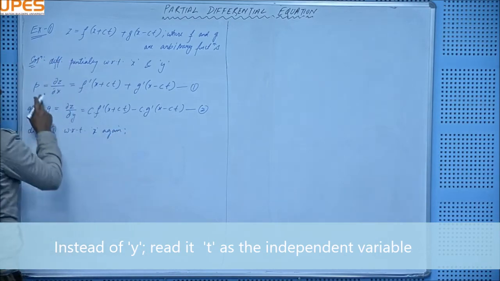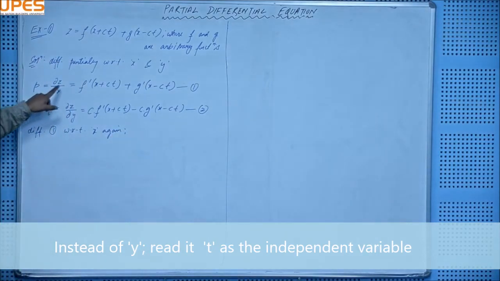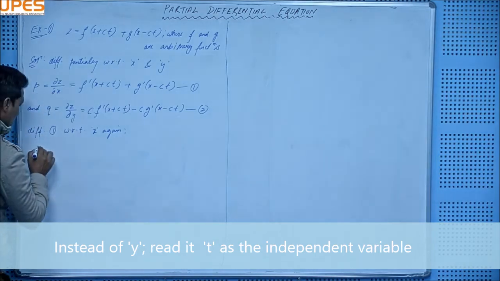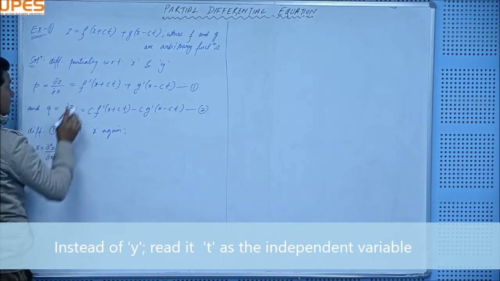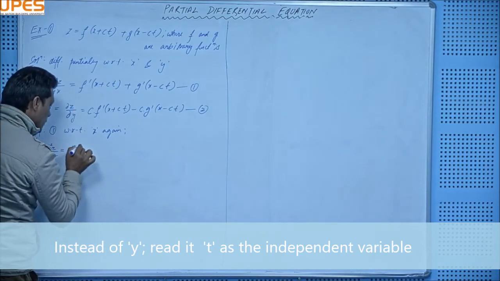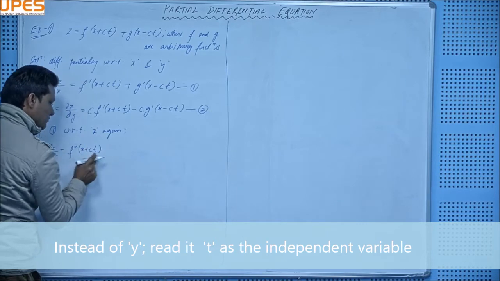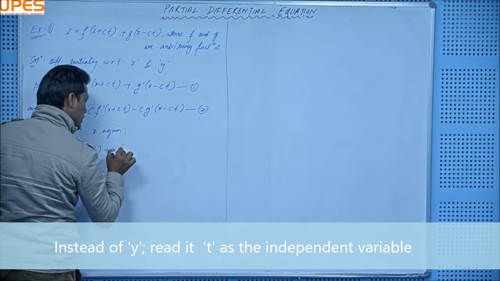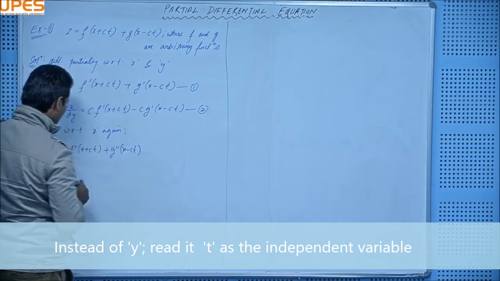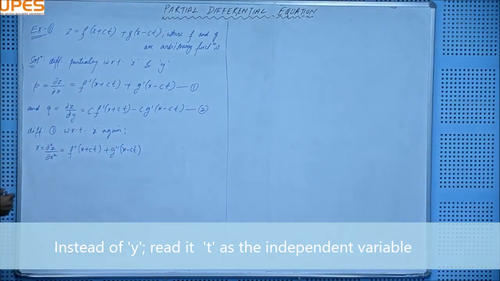Okay, see, that will be del p over del x, or del square z over del x square, and we call that letter small r. So small r equals del square z over del x square, equals f double dash of (x plus ct), again the multiplier will be 1, plus g double dash of (x minus ct). Okay, this is my r.